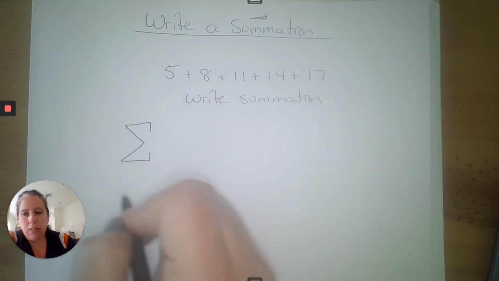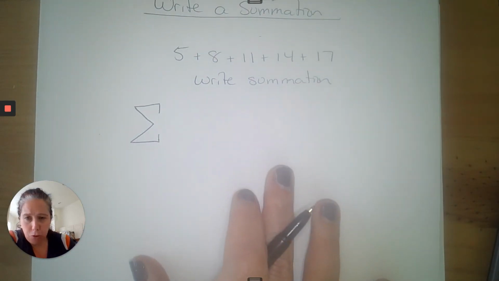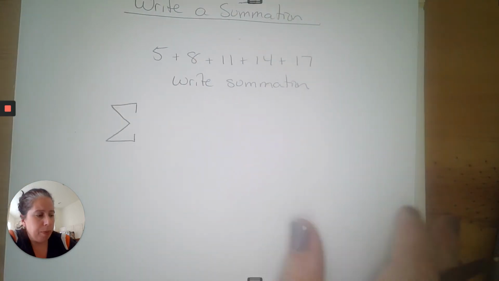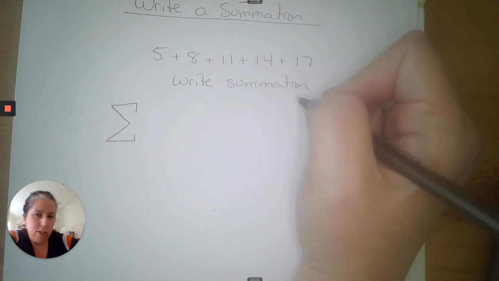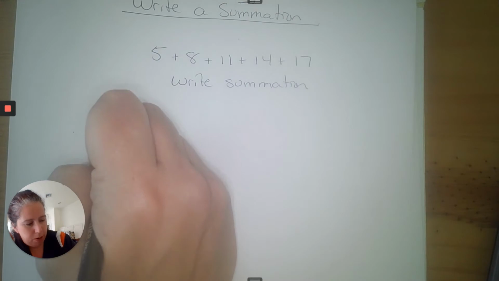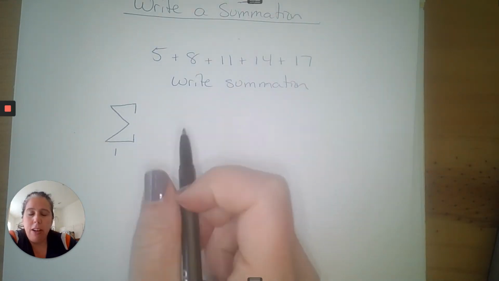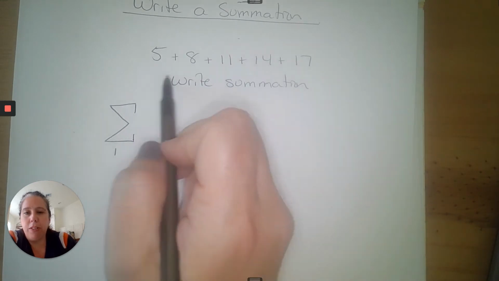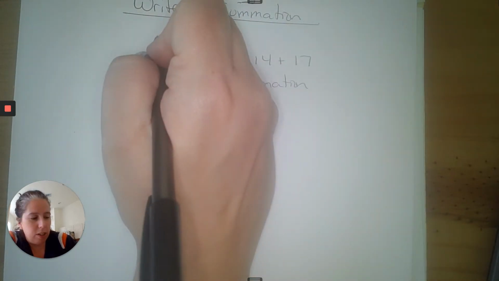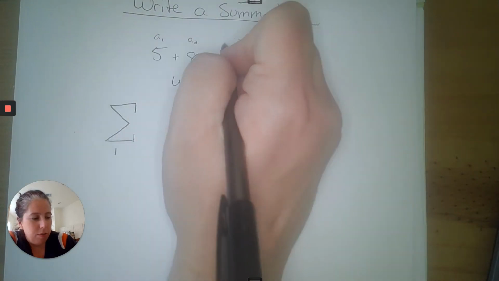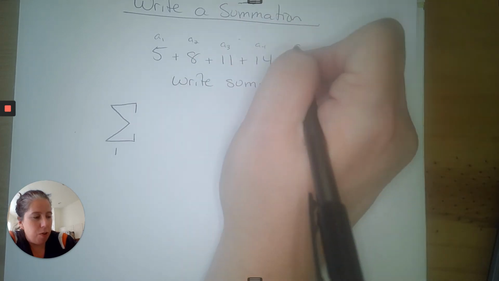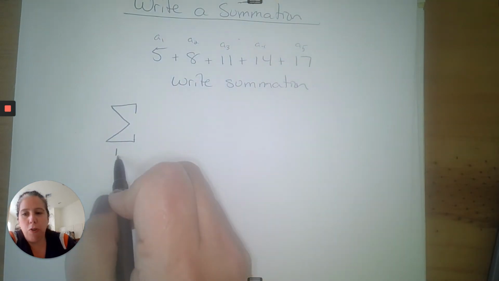In Delta Math, the sigma is going to be already there, so don't worry about drawing it. I need you to start by always putting a 1 down there. I can start with any number, but for this Delta Math, we're going to start from 1 because this is going to be A1, A2, A3, A4, and A5. So we're going to go from 1.